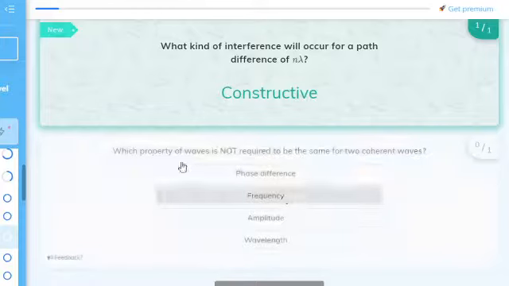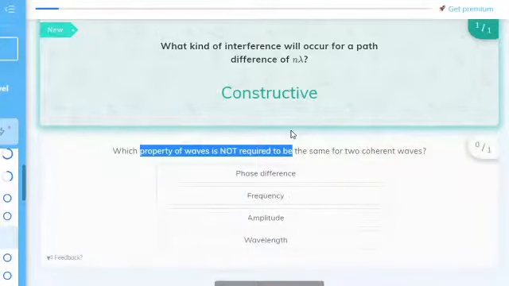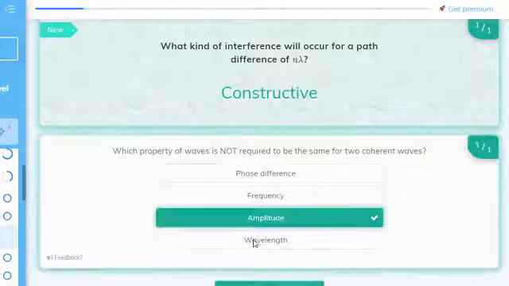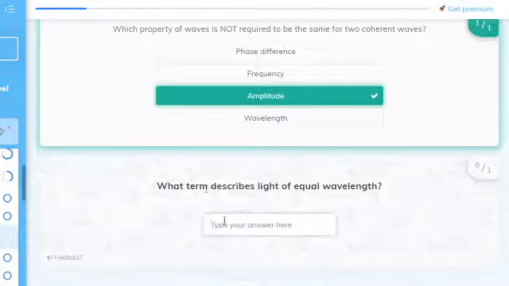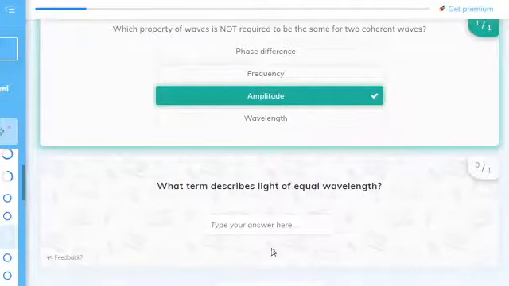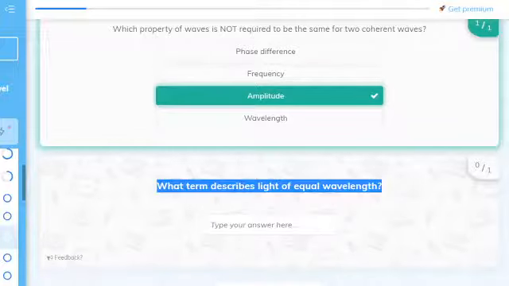Perfect. So, which property of a wave is not required to be the same for two coherent waves? The amplitude. The amplitudes just add up. What term describes light of equal wavelength? Coherent. Light of equal wavelength. That's a good question.